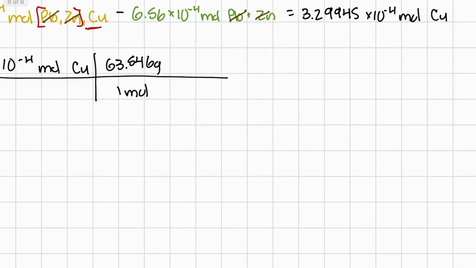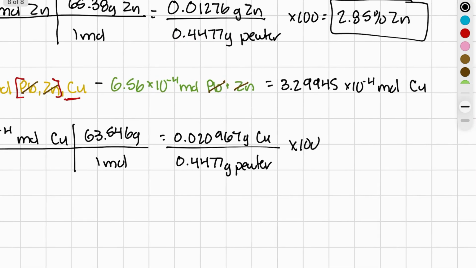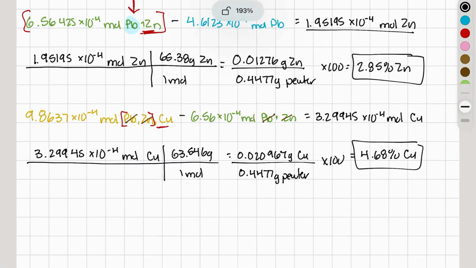And so this is going to tell me that I have 0.020967 grams of copper. Divide that by the total mass, times 100. And this is going to be 4.68% copper. Okay, we have 3 out of the 4 that we need.